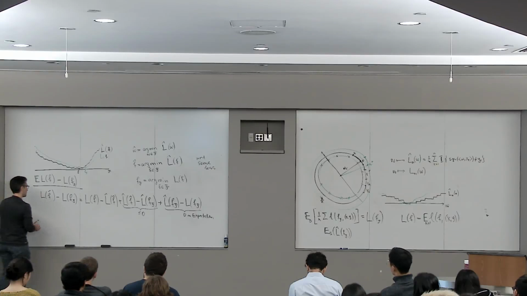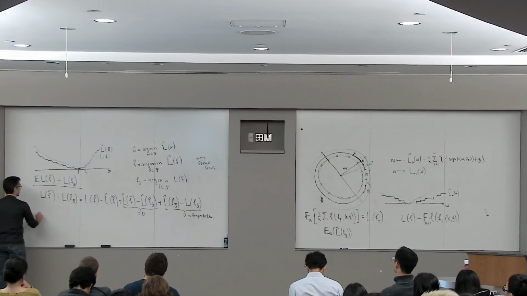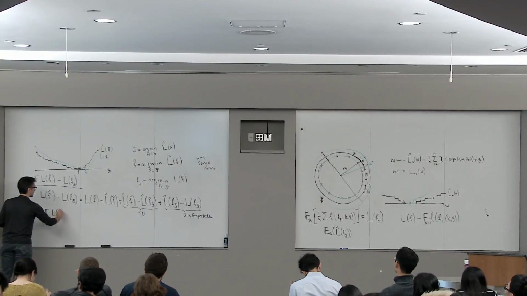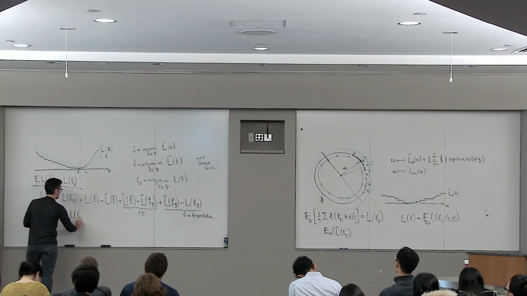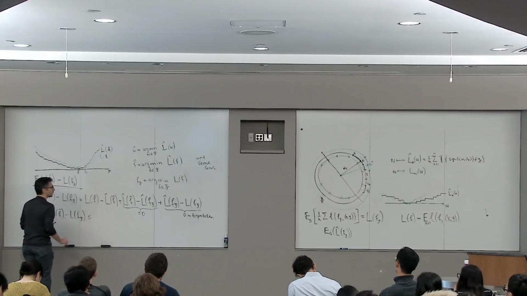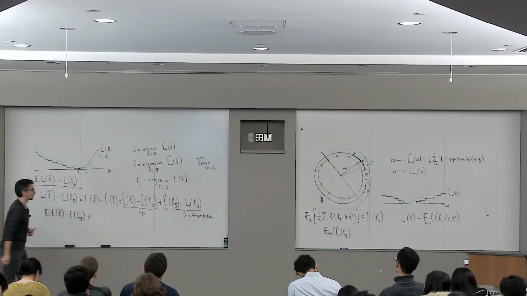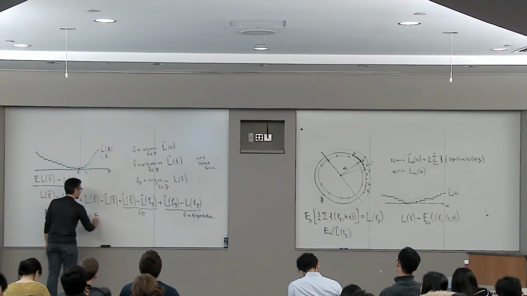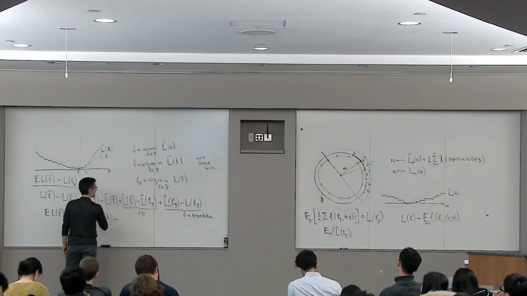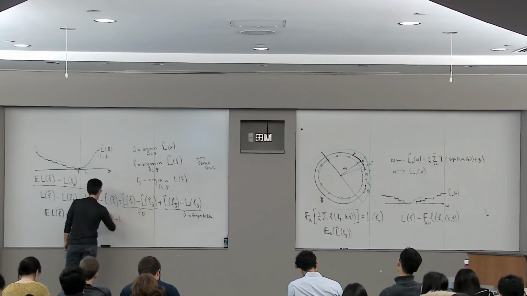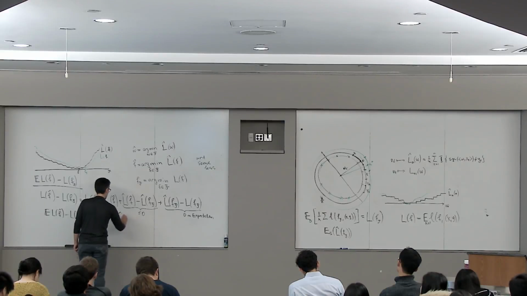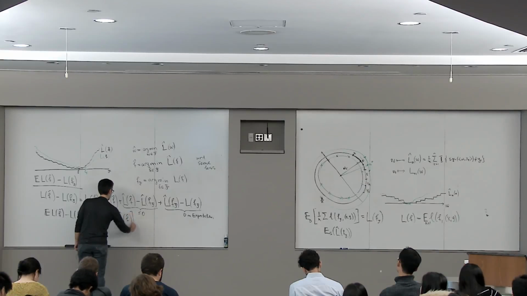Therefore, taking expectation on both sides, the expected L of f hat minus L of f is upper bounded, because we dropped the term that's negative, and the other term is 0 in expectation, by the expectation of L of f hat minus, in parentheses, L hat of f hat.